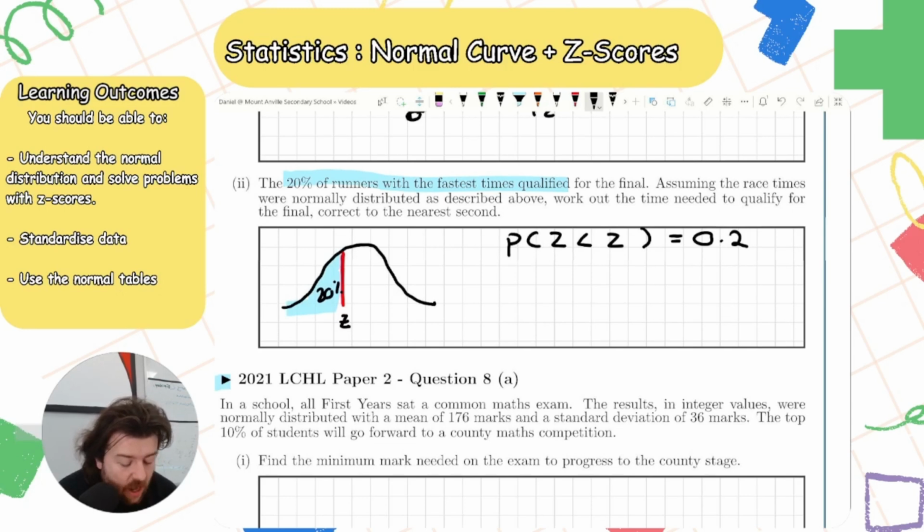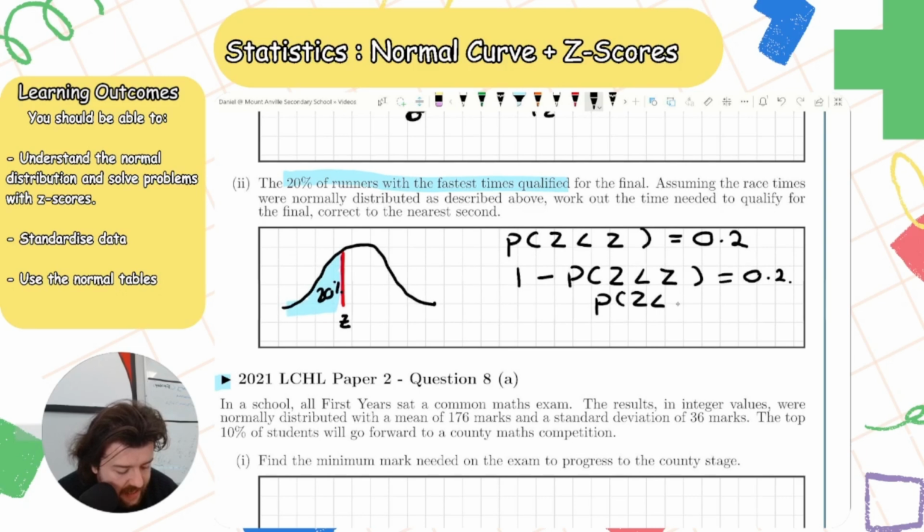Now, this is obviously going to be a negative Z score, so this would be 1 minus the probability of the positive version equals 0.2. 0.2 minus 1 is minus 0.8, then divide by the minus, we get 0.8.